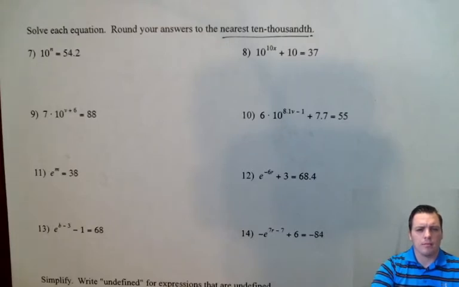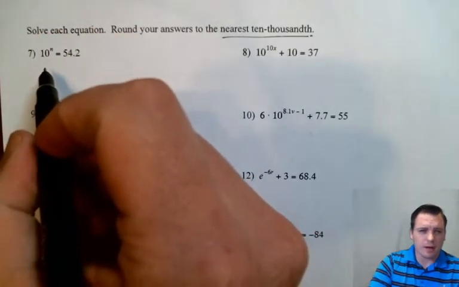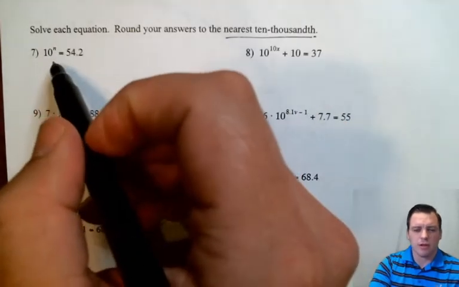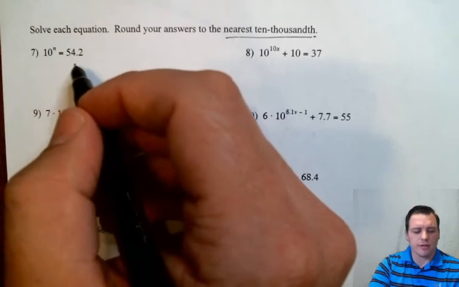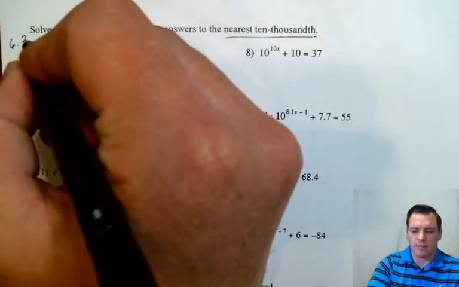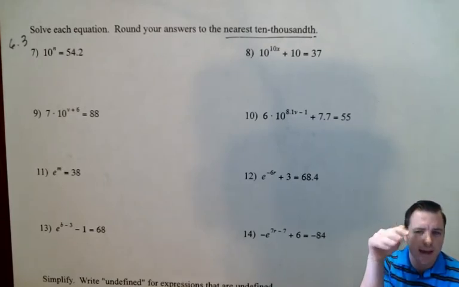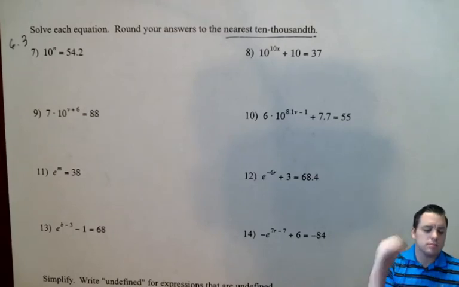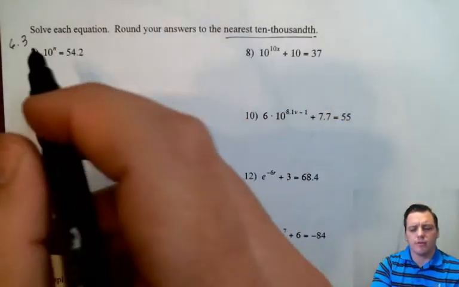All right. So from here, sorry about that. So from here, this 10 to the n, I thought I showed y'all both ways, but I wasn't for sure. Well, we can rewrite it as log base 10 of 54.2 is equal to n. This would be 6.3. We actually skipped 6.2, it's on the back. It's the 4 questions on the back, okay?